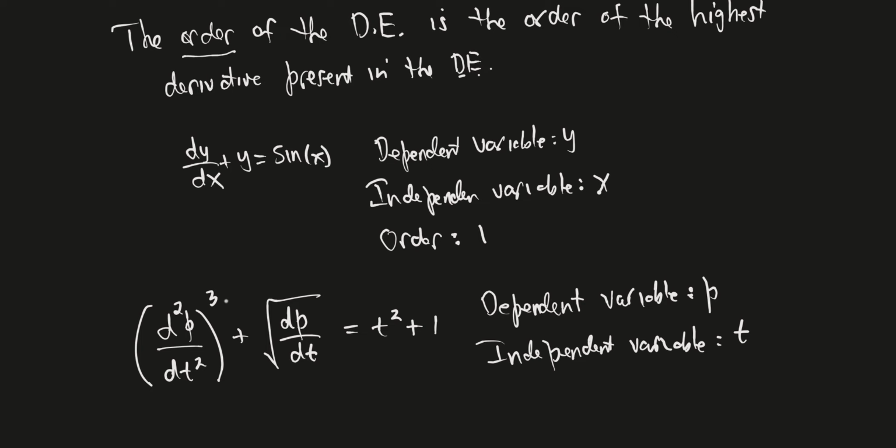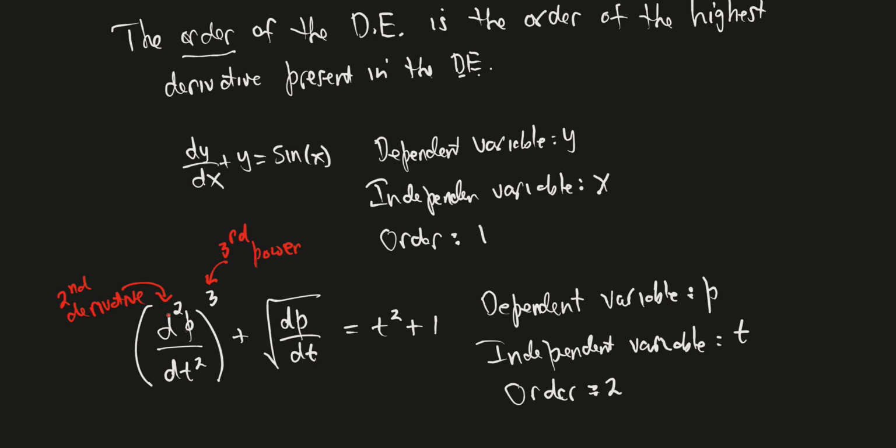And then this 3 is interpreted as a power, so this is not a derivative. The highest derivative in this entire equation is a second derivative. So this one is of order 2. Don't confuse a second derivative with the third power.